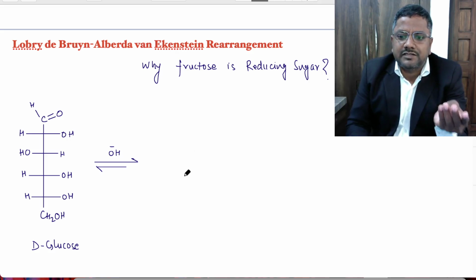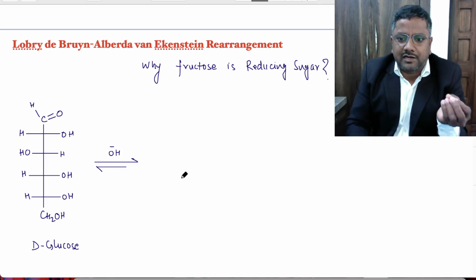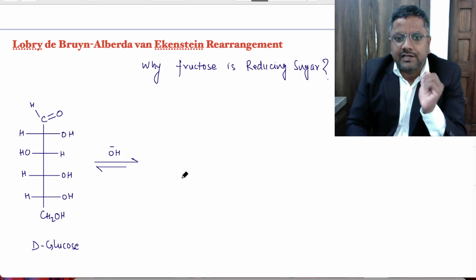Ammoniacal silver nitrate. So ammoniacal means ammonium hydroxide, right? Ammonium hydroxide with silver nitrate. The medium is basic. If you take Fehling solution, so sodium potassium tartrate, alkali, and copper sulfate. So purposely we are taking alkali, the medium is alkaline in case of Fehling solution.